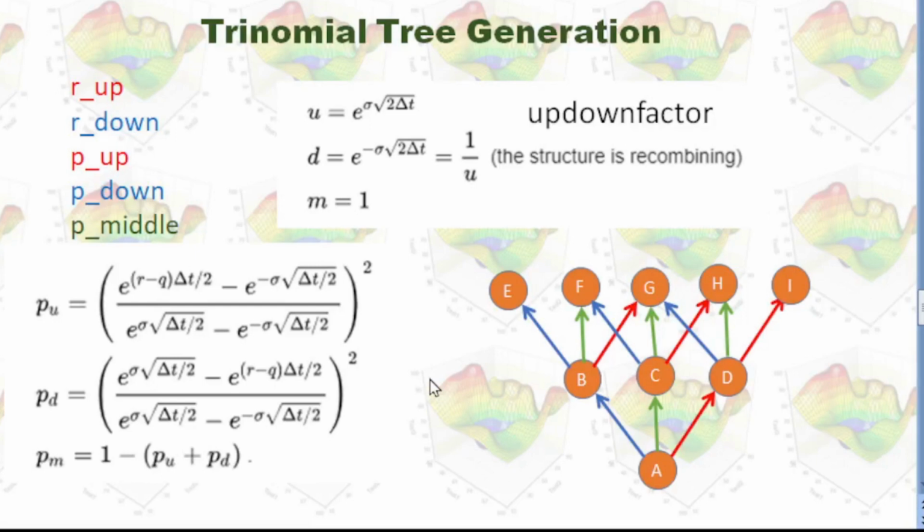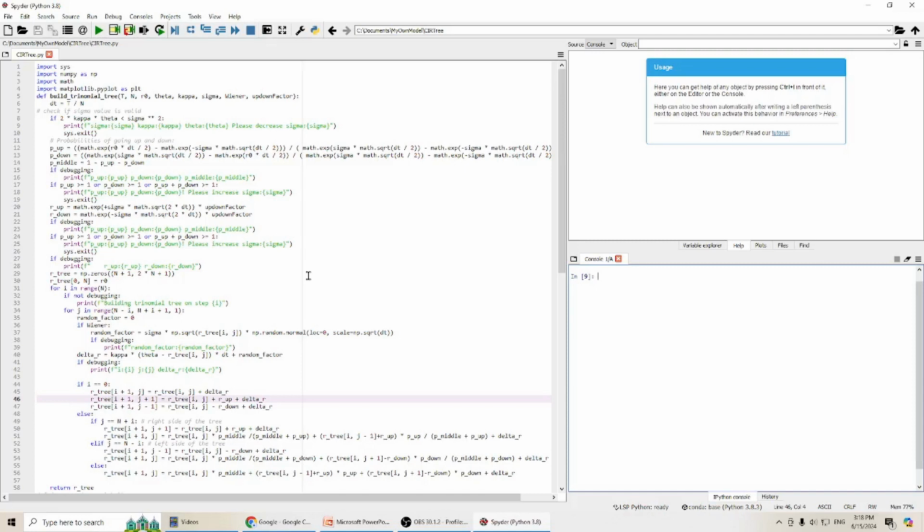In my previous video, I talked about how to build a trinomial tree in general, in detail already, so I will not repeat it again. If you want to know how to build a trinomial tree in general, please watch my previous video. Now, let's go to Python to see how I built this trinomial tree for CIR model. This is a Python program I developed in order to build trinomial tree for CIR model.